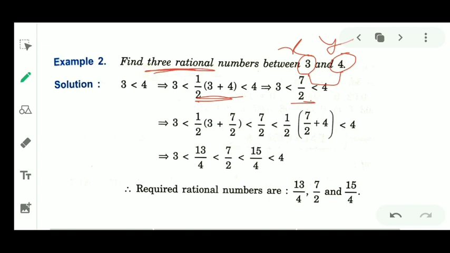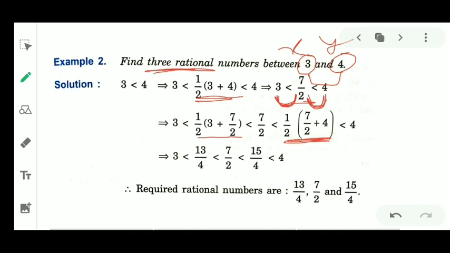So in that case you have to find another rational number between 3 and 7/2, that is 1/2 × (3 + 7/2). Now find another rational number between 4 and 7/2, that is 1/2 × (7/2 + 4).